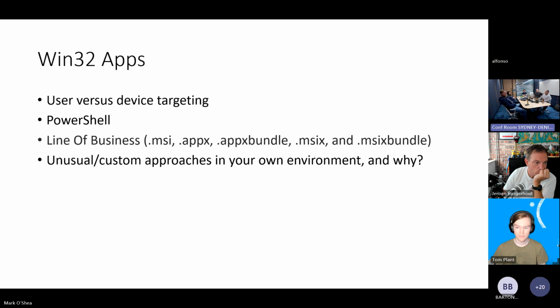Okay, so anything else then on Win32 apps? Based on the very few comments, is it safe to assume then that people are basically just using the Win32 option in Intune, as far as deploying, not updating?